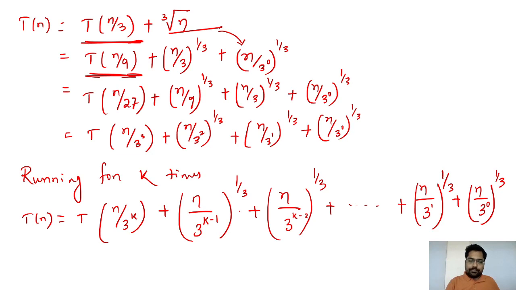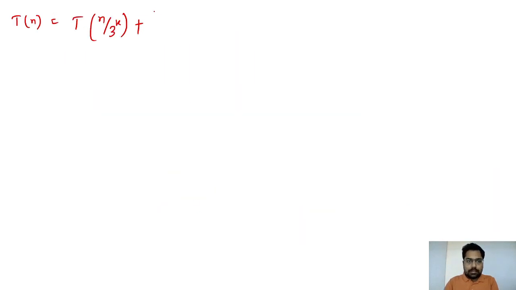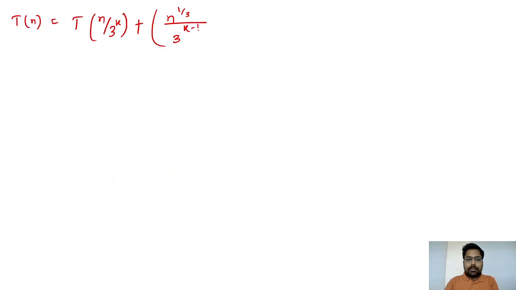Next is, we can go further simplifying that result. T(n by 3 to the power k), which I have written, I am writing it simply. So n to the power 1 by 3 it is written. Okay, so if you open it, it's n to the power 1 by 3, and 3 to the power, if I open the 1 by 3, then 3 to the power k minus 1 by 3.